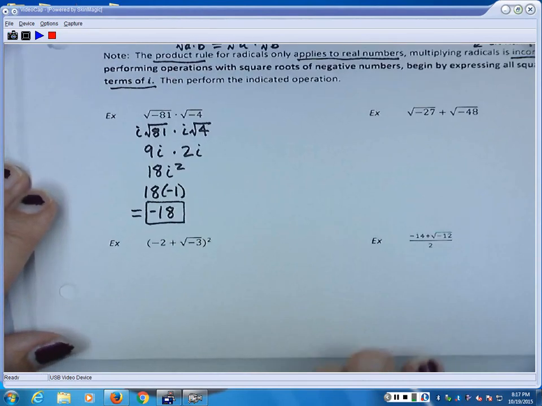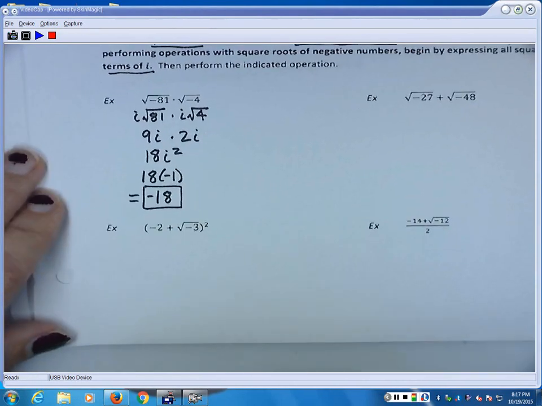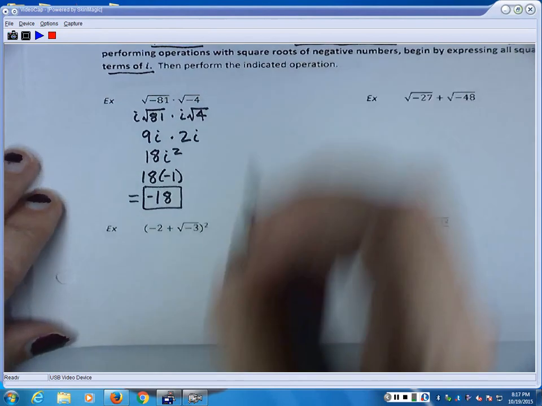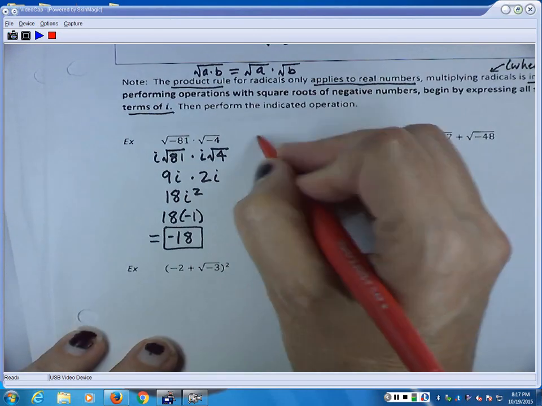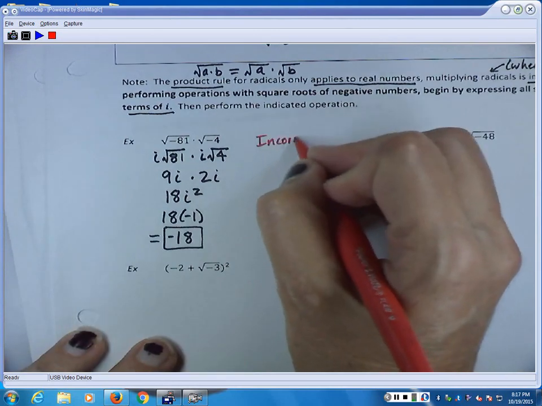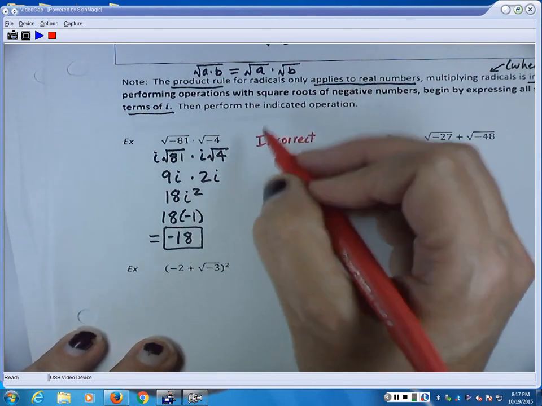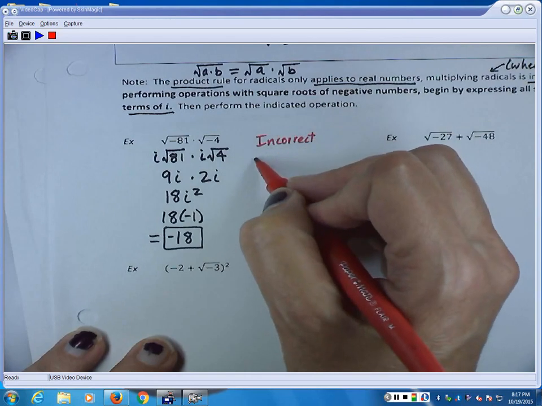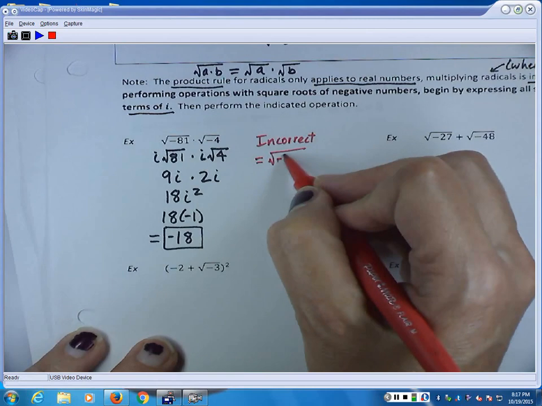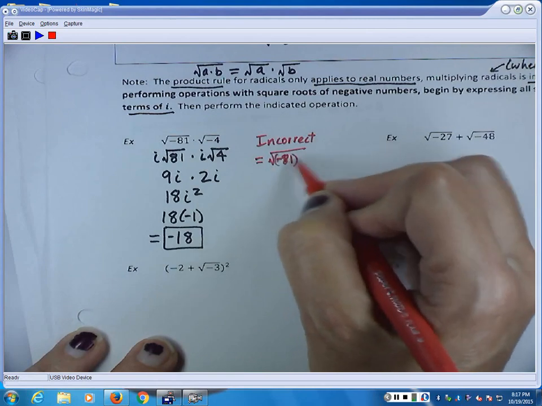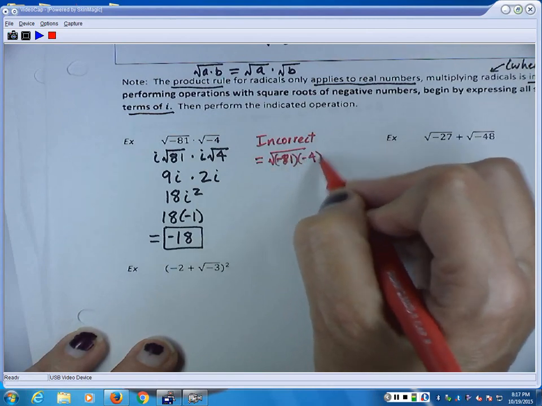Okay. What you don't want to do is, I'll write this in red up here. This is incorrect. You don't want to write equals the square root of negative 81 times negative 4 inside the radical.